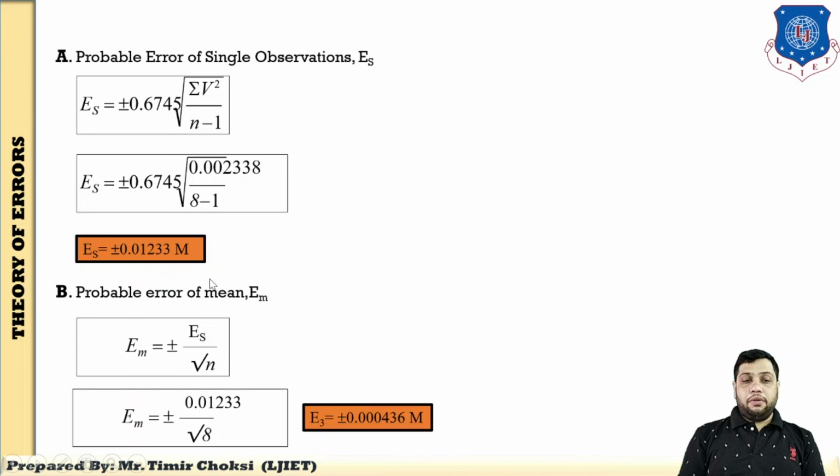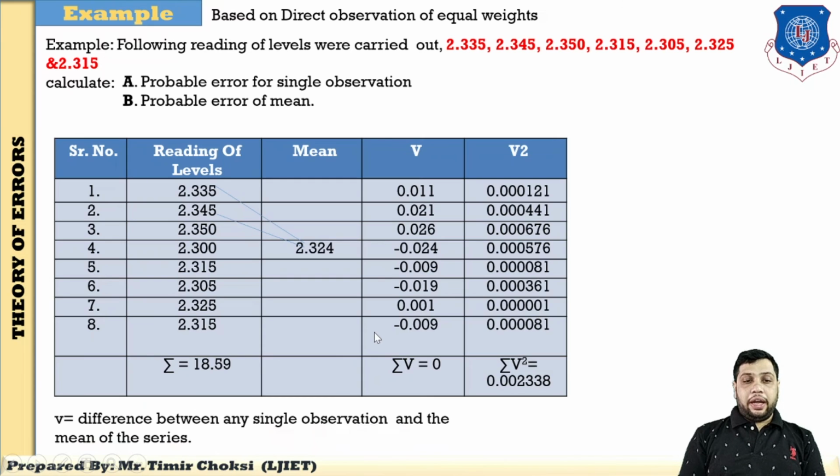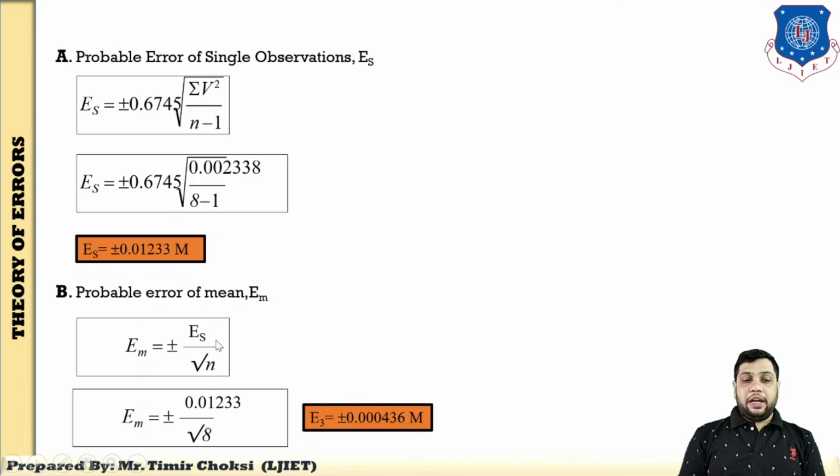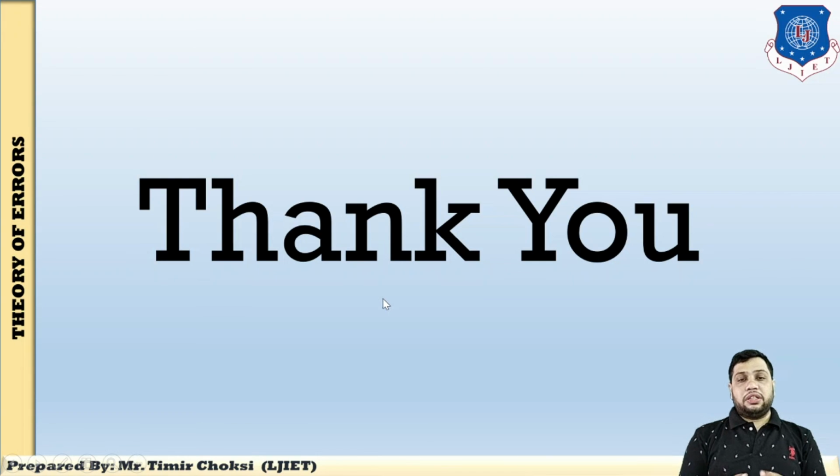So the ES value is 0.01233 divided by under root 8, so the answer is plus minus 0.00436 meter. You can also use this formula, or directly find ES divided by under root n. So this is the probable error of a single observation you found, and second is the probable error of the mean.